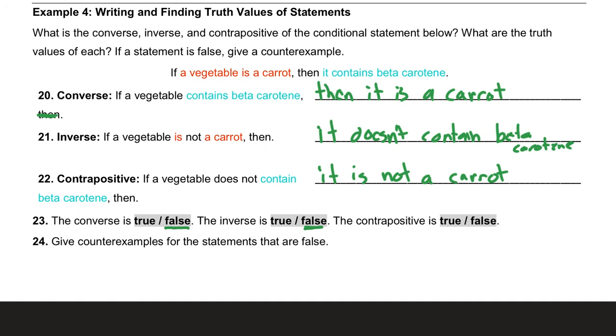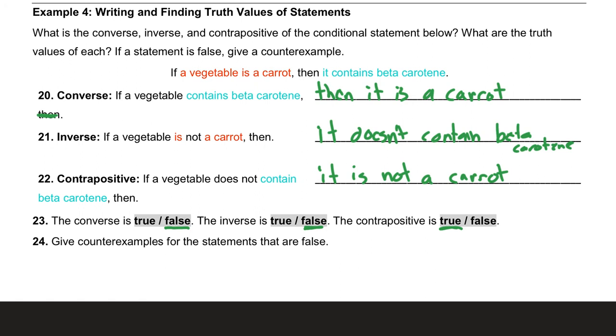So just remembering converse and inverse are either both true or both false. The conditional statement is true. If a vegetable is a carrot, then it contains beta-carotene. If the vegetable does not contain beta-carotene, then it is not a carrot, because carrots contain that nutrient. So the contrapositive is true. So just remembering, conditional and contrapositive, both true or both false. Converse and inverse, both true or both false.